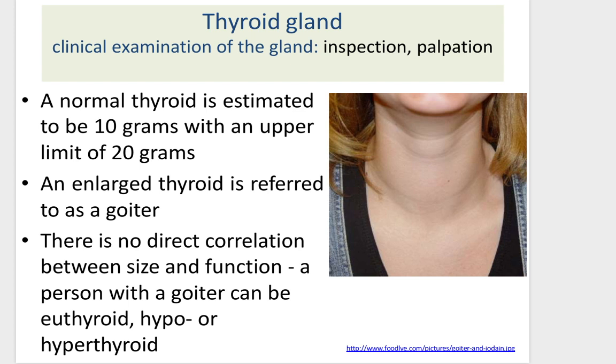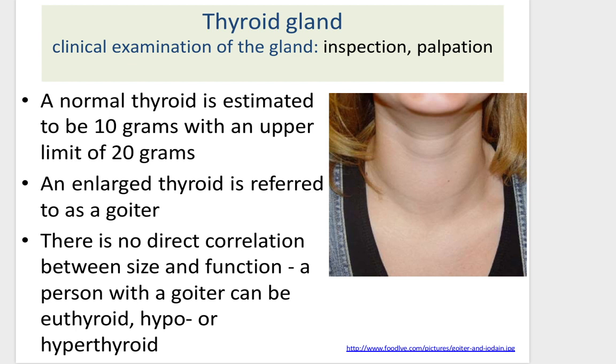A normal thyroid is estimated to be 10 grams with an upper limit of 20 grams. An enlarged thyroid is referred to as a goiter. There is no direct correlation between size and function. A person with a goiter can be euthyroid, hypothyroid, or hyperthyroid. One more time, please pay attention to this sentence: there is no direct correlation between size of the gland and function of the gland.